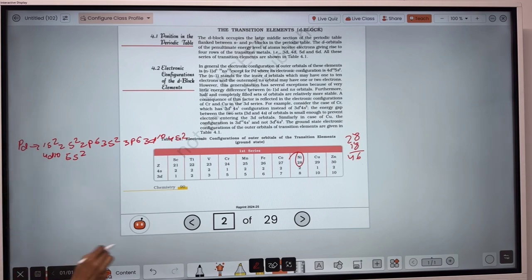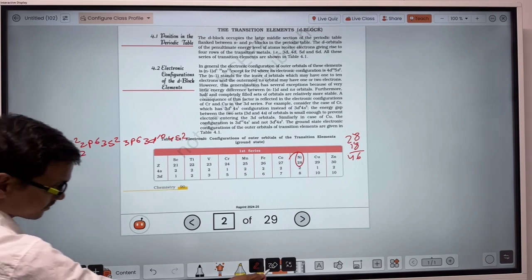For palladium here, it is not 10, there will be 8.